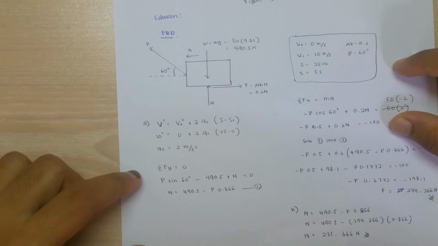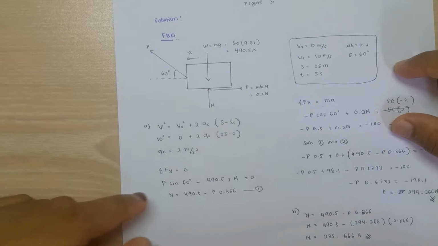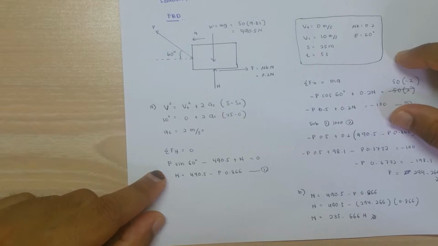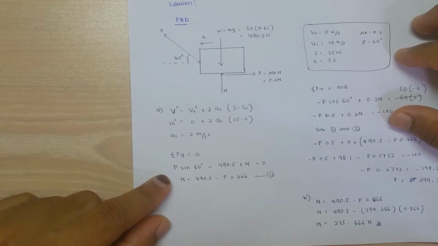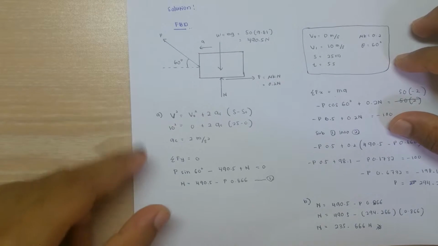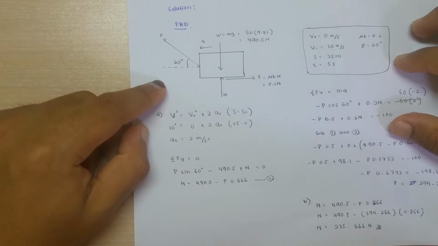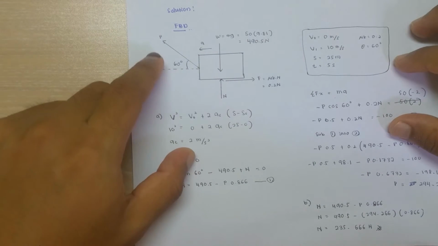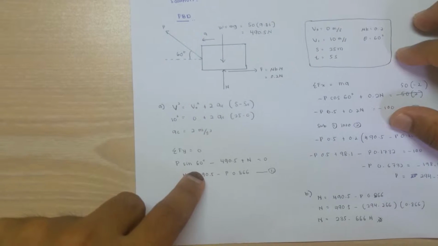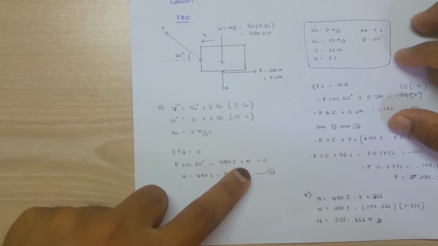The formula that we can use is, first, the summation of forces acting on the y axis. We can get the equation by looking at the FBD. Regarding the FBD, the forces acting on the y axis are W, N and P. So the equation is P sin 60 degrees minus 490.5 plus N is equal to 0.